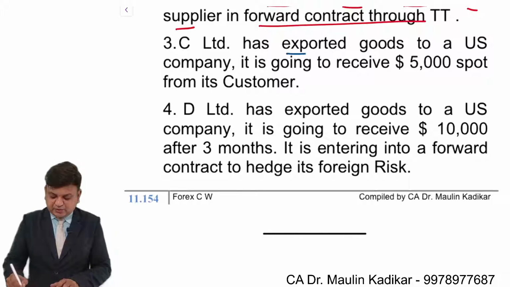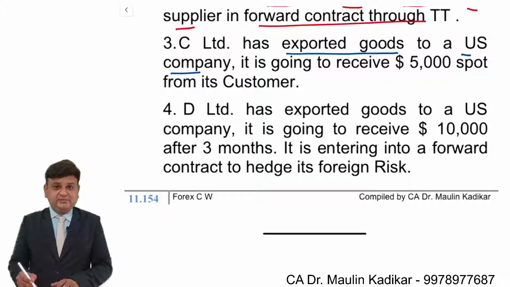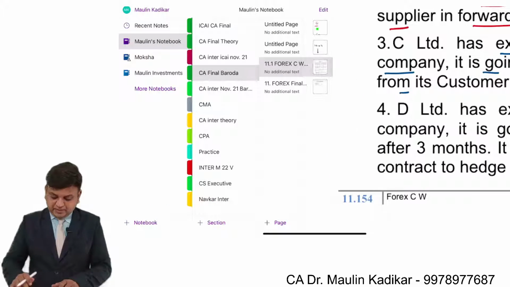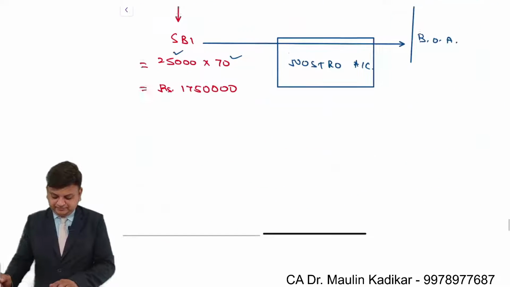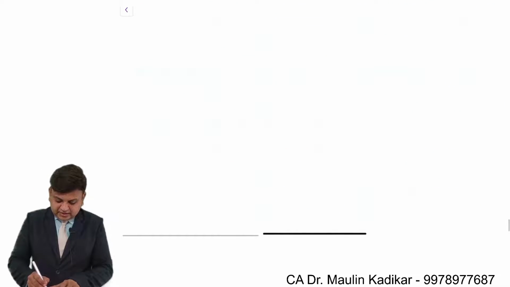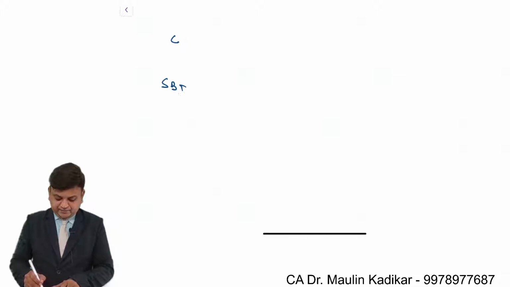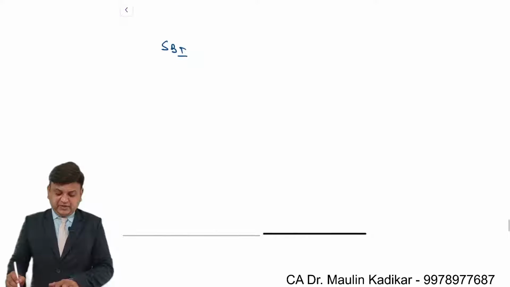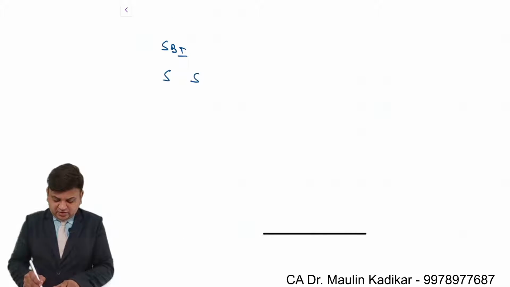C Limited has exported goods to a United States company. It is going to receive $5,000 spot from its customer. So now what will happen? C Limited will approach State Bank of India, saying I am interested in a spot transaction for sell of dollar and purchase of rupees.